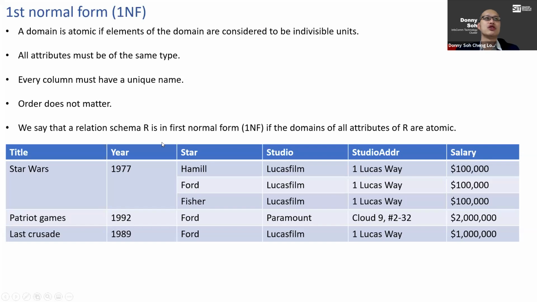Okay. The first normal form is the following. The domain is atomic if elements of the domain are considered to be indivisible units. So in this scenario, do you think this is first normal form? This one has some issues, right?